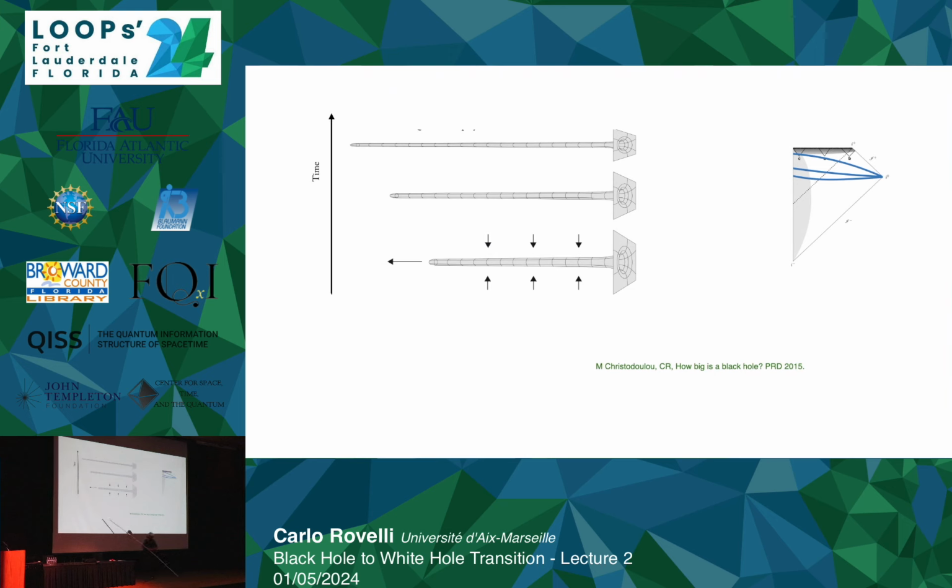And what is important is the volume of this region. How do you compute the volume? This depends on the choice of the foliation. But there's a preferred definition of the volume: once you fix an area, when you fix a surface here, you can define the volume inside as the surface that has the maximum volume. This is what you do in Minkowski, right?